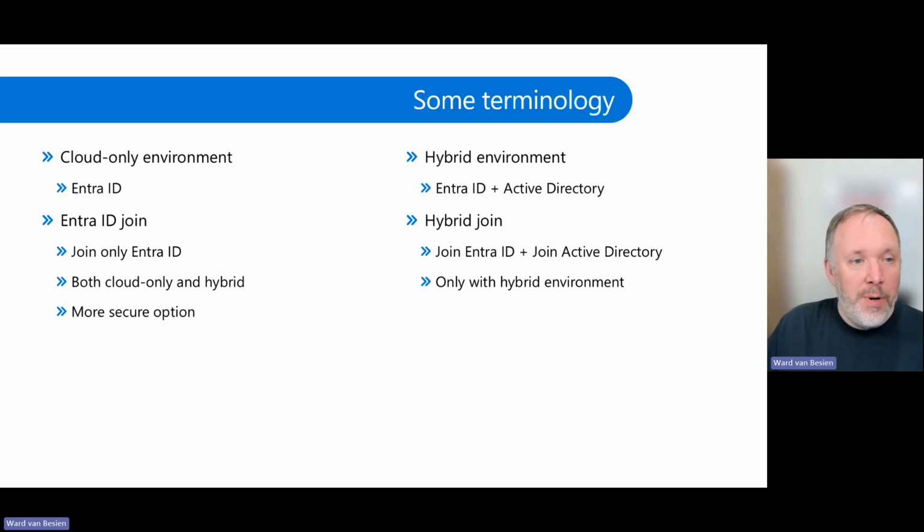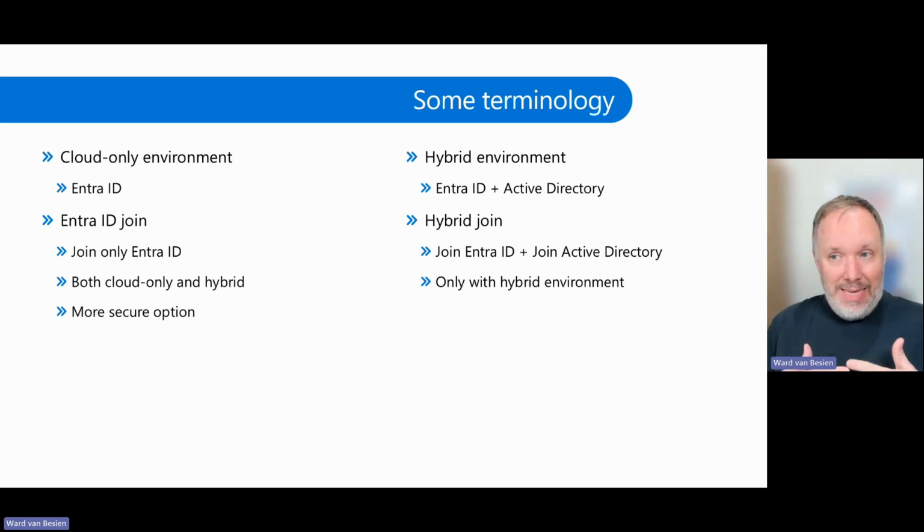We're a very large environment, but we then also have the relationship from your computers to the environment, where you have what we call an Entra ID join and a hybrid join. And so in Microsoft, to put it in perspective, we're a hybrid environment, but we use Entra ID join. And so Entra ID join is where you take your Windows machines and you join them to Entra ID, but you don't join them to a traditional Active Directory.